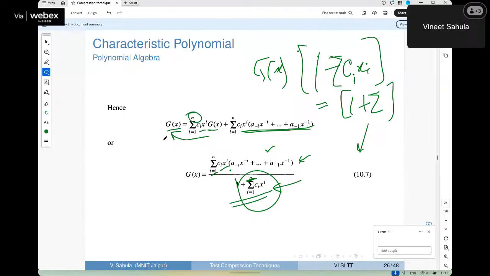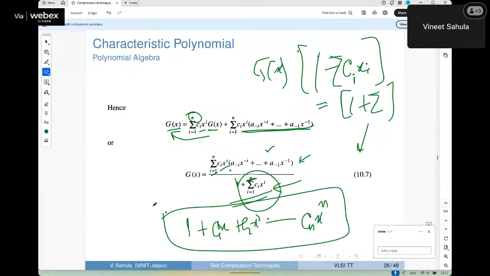Because this is n. So that polynomial, which is 1 plus c1x, c2x square up to cnxn, is characteristic polynomial of LFSR. We call it Px.